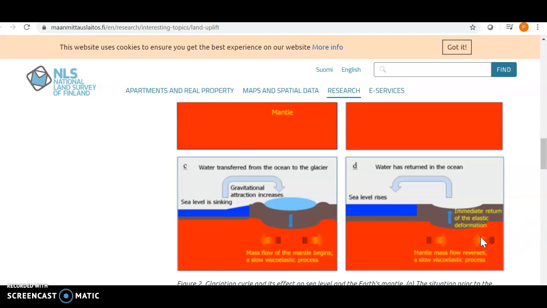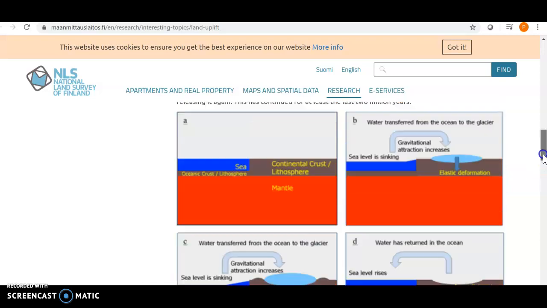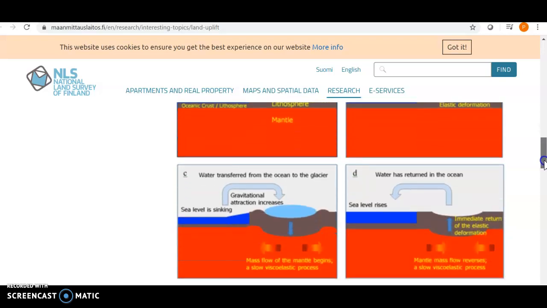So in doing that, it means that there's less mantle mass over here as well. Now, of course, sea level also is rising here just in a general way because, well, the water ran off out of the melting glaciers and ends up in the sea, right? So you have that kind of thing happening. So you can see basically the four kinds of steps here of all of this.